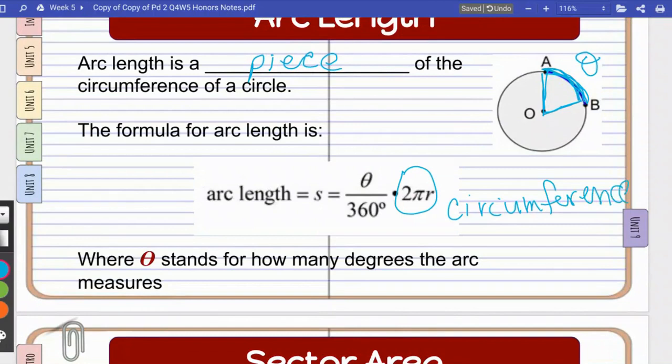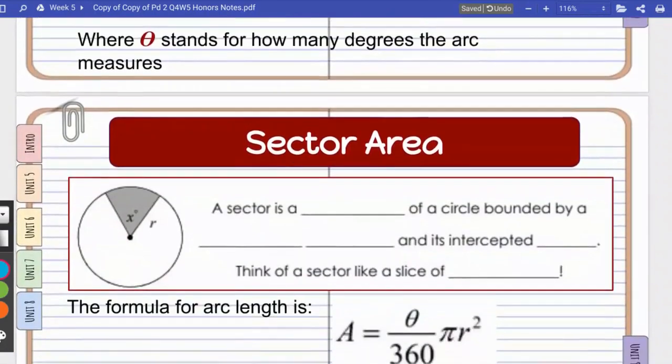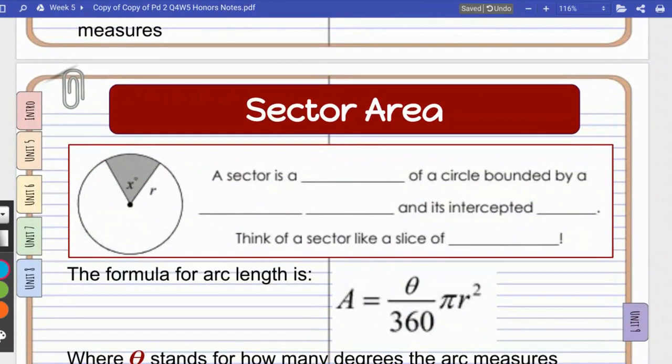Then if you look at your sector area, it is just part of a circle that is bounded by 2 radii and its intercepted arc. Okay, you're looking at the area, so this is like a slice of pizza.